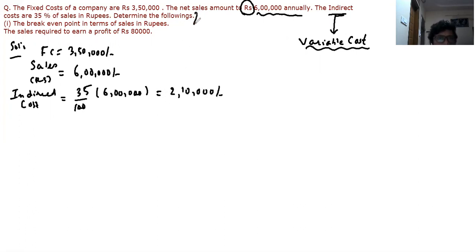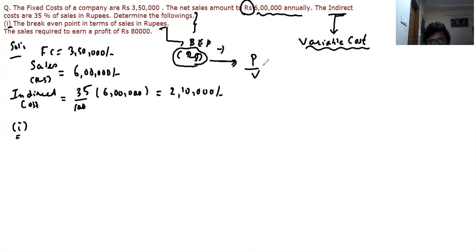So coming to the question which we need to find out, we need to find the break-even point in terms of sales in rupees. So we need to use the formula of fixed cost divided by P by V ratio, right? So whenever it is given to find the break-even point in terms of rupees, we need to use the concept of profit volume ratio.